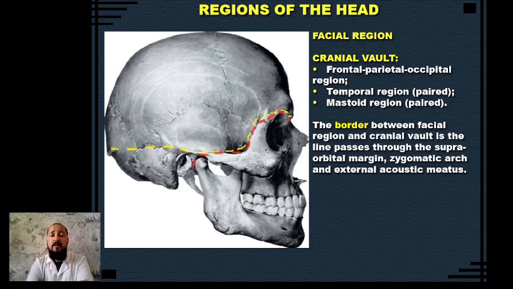The border between the facial region and the cranial vault is a line that passes through the supraorbital margin, zygomatic arc, and external acoustic meatus. Here you can see this line, shown in red color. This is a facial region, and this one is the cranial vault.